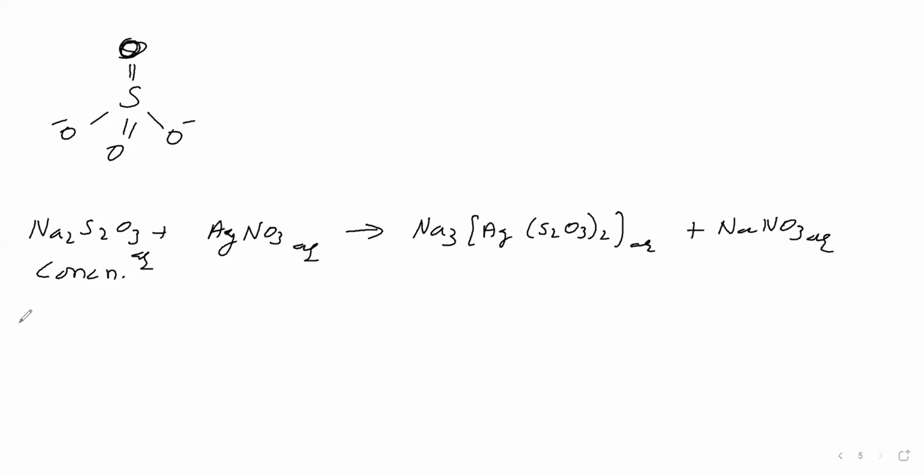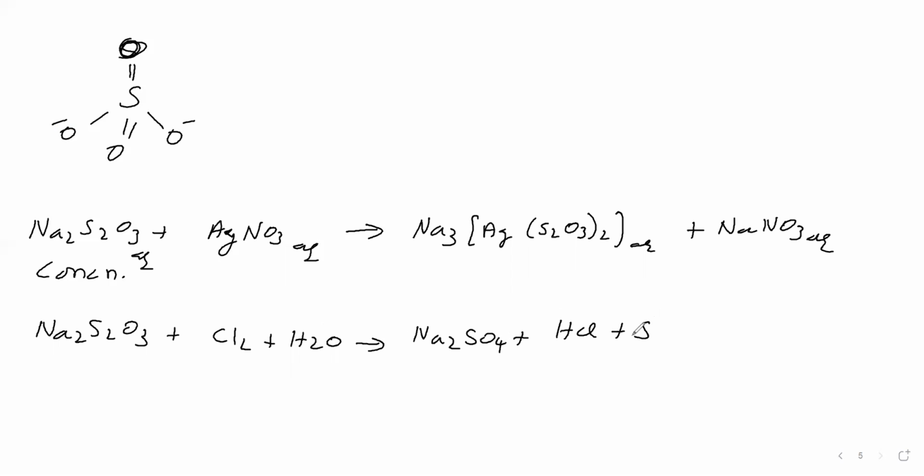Okay. Next, the sodium thiosulfate is combining with the chlorine in the presence of water to give Na2SO4 plus HCl and sulfur. This thiosulfate we will write. This thiosulfate formula is like this. Thiosulfate formula we have written.